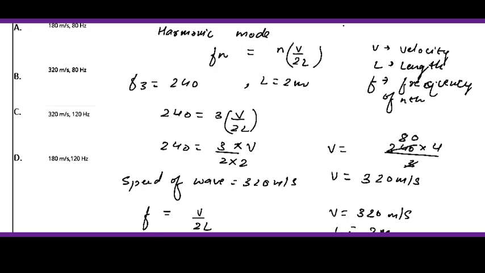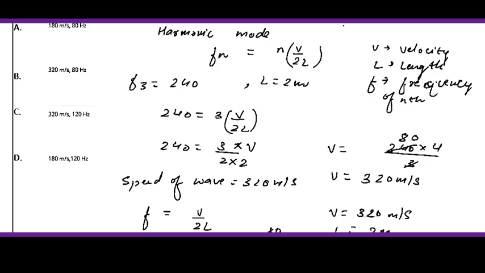Putting it in, we get 320 by 2 into 2, which is 320 by 4, which comes to be 80. So the fundamental frequency is 80 Hertz and the speed is 320 meter per second.